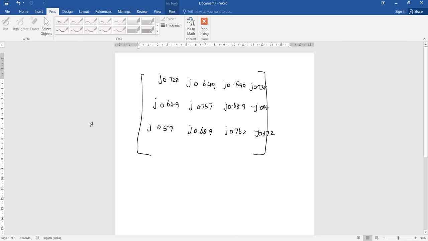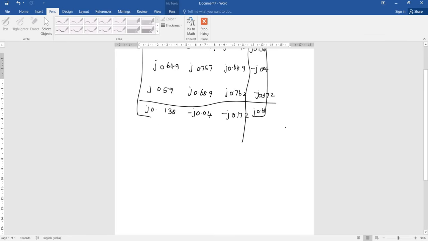The last one: J 0.138, minus J 0.04, minus J 0.172, J 0.61. Here also I am going to eliminate the last column element and the last row. So both should be eliminated.